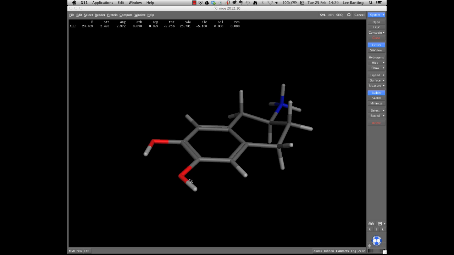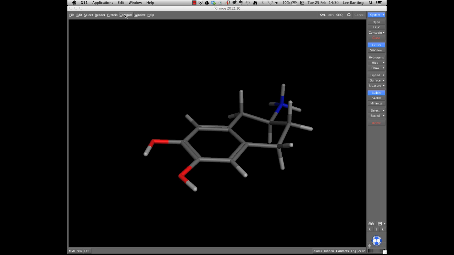So that means that we can change geometry, bond angles, bond lengths, and explore how the potential energy of the molecule changes with those geometric changes.